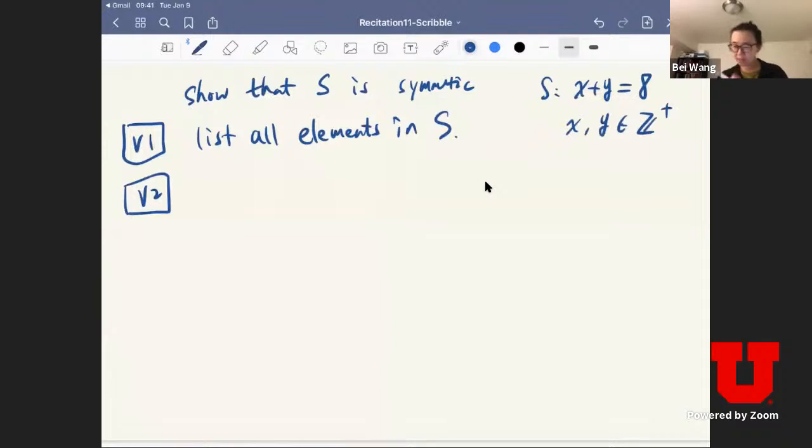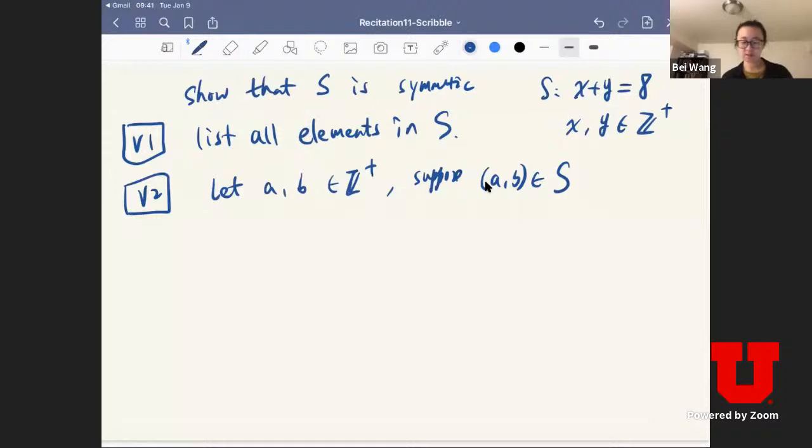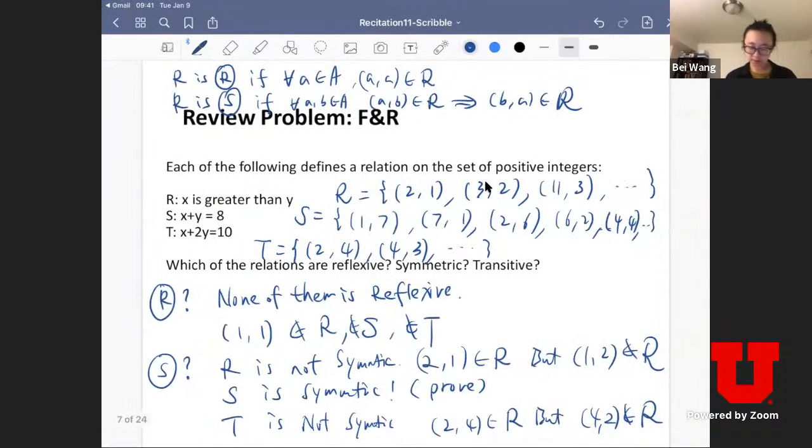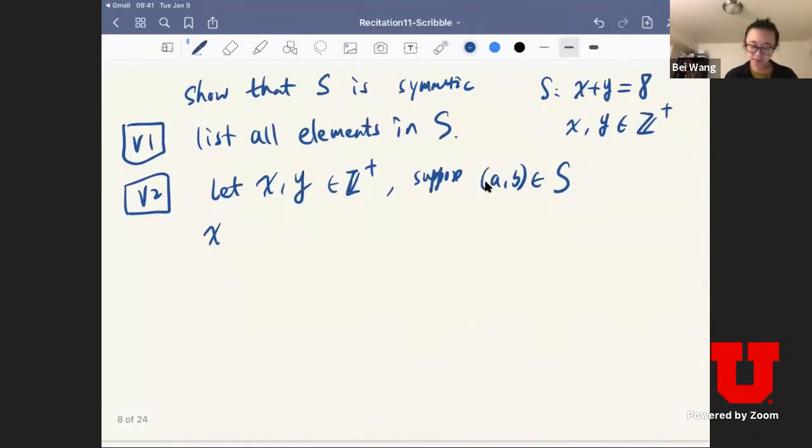But if I want to prove it more generally, then we can say, suppose the pair a, b is in S. So what does that mean? Let's use x, y instead. If I have two elements x and y that are positive integers, suppose the pair x, y is in this relation.